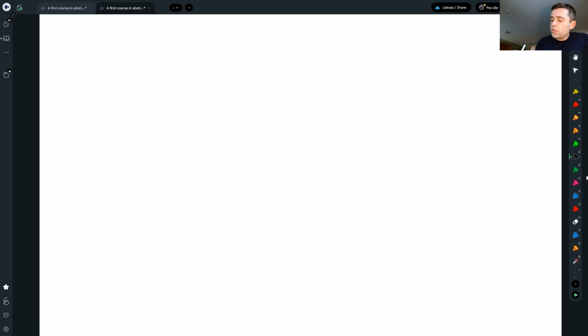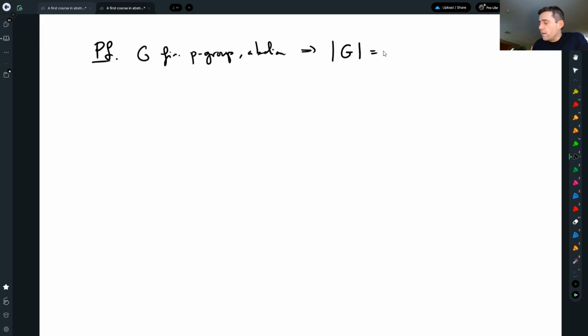So here is the proof of the lemma. So we have seen that G is a finite P group that is abelian. That implies that G is of order a power of P. And we're going to use induction on N to prove our statement.